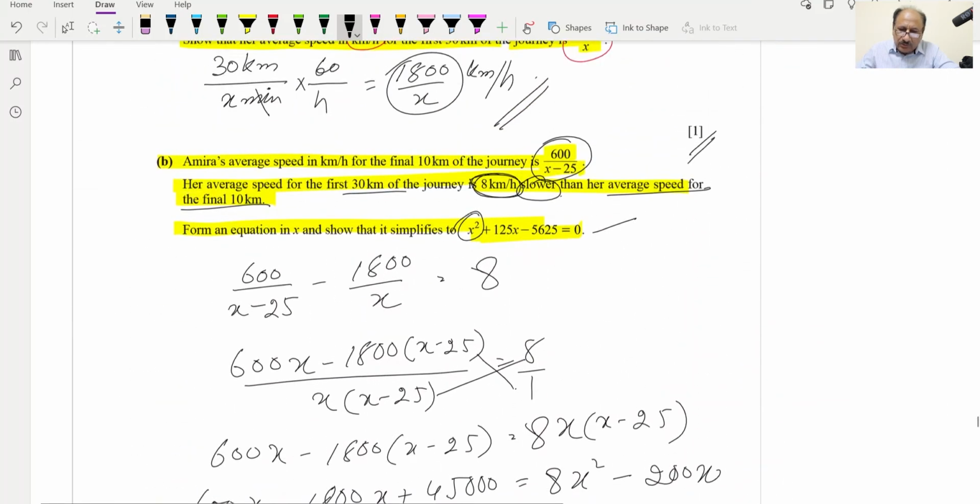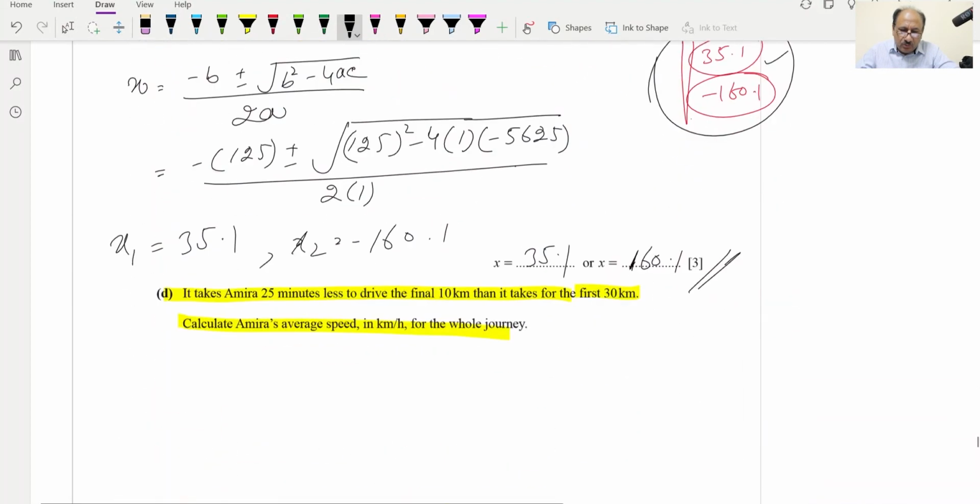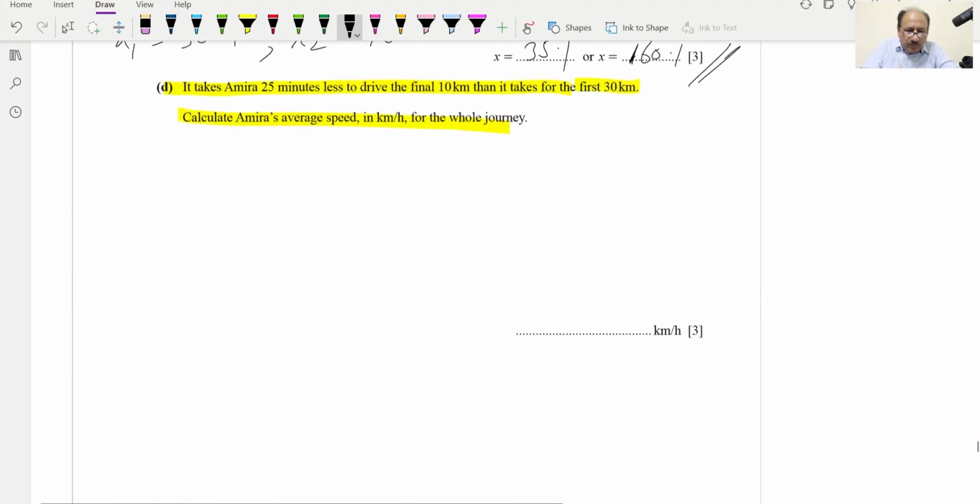Amira is driving 40 kilometers in total, so 40 kilometers divided by the time, which is 25 minutes less to drive the final 10 kilometers than the first 30.